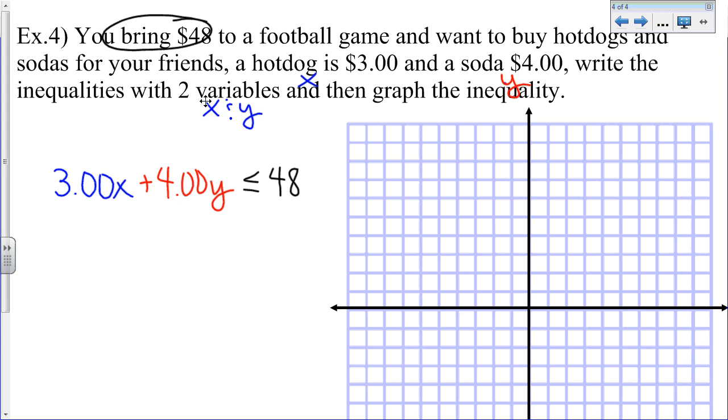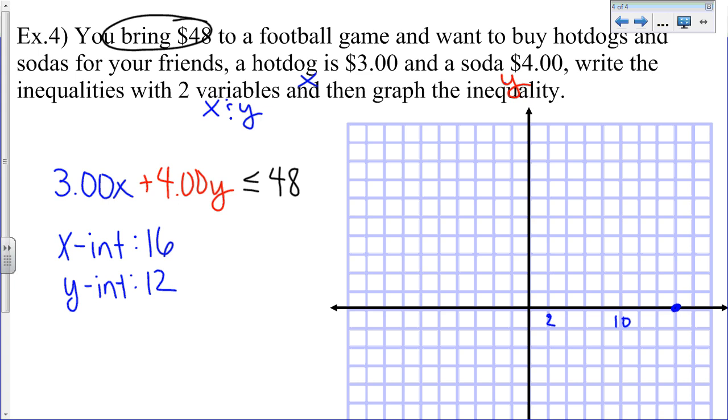Obviously, I'm going to use x and y intercepts. And so when I graph this, I have an x-intercept of 16. I'm going to have a y-intercept of 12. Counting by ones isn't going to work here, so I'm going to count by twos. So this is 2, 4, 6, 8, 10, 12, 14, 16.